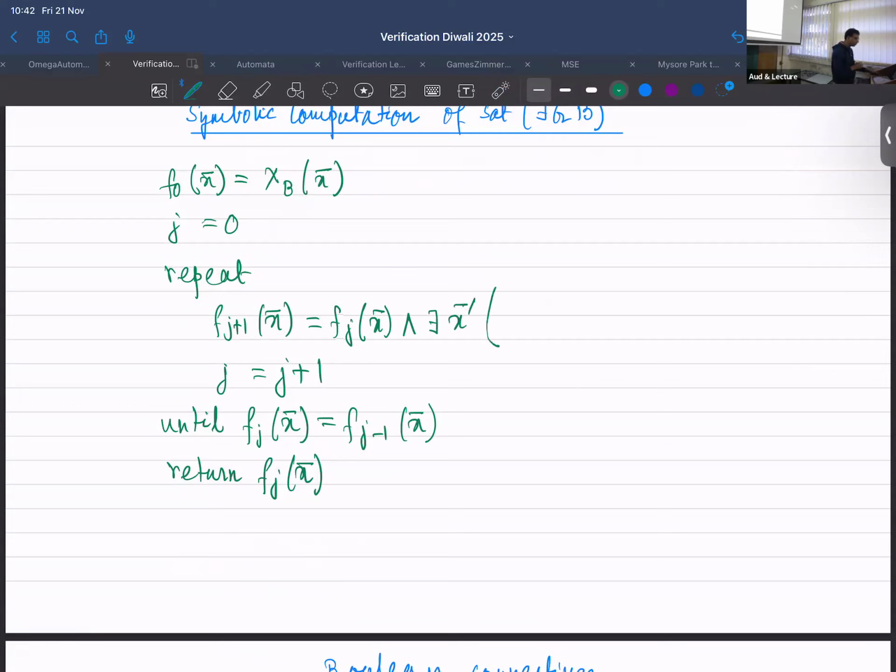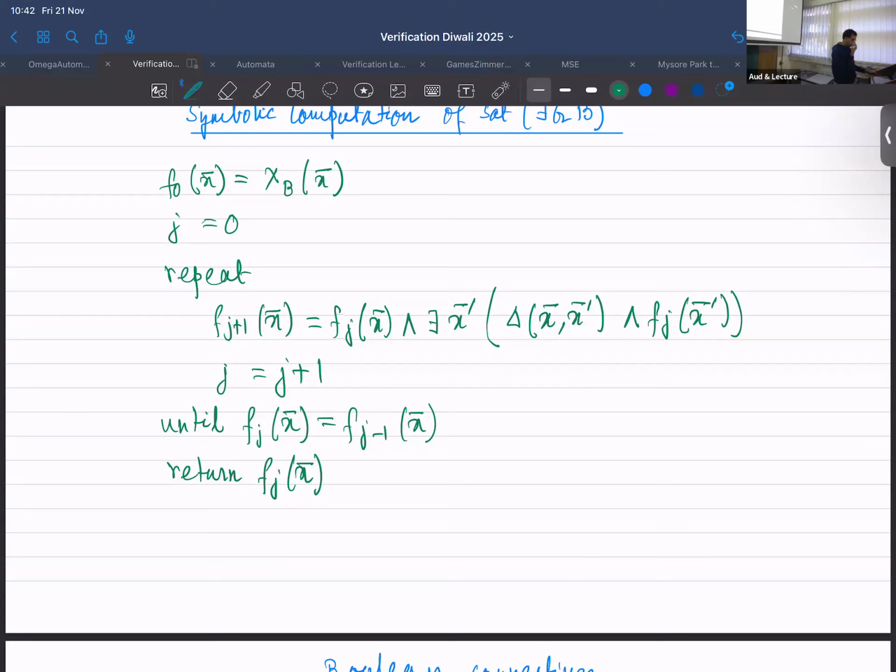X bar prime. Now you tell me: delta of X, X prime, and X prime in Fj of X bar prime. Is it okay? Clear? Good?